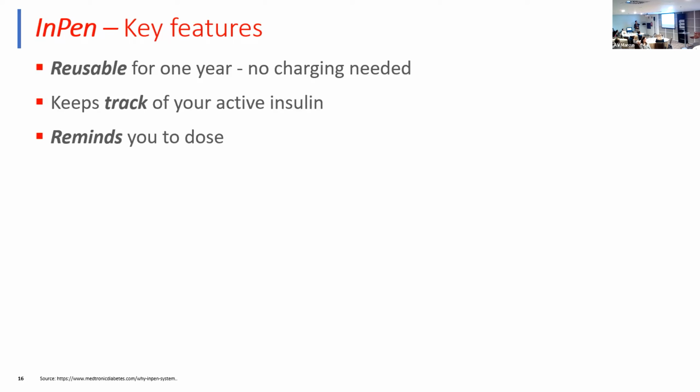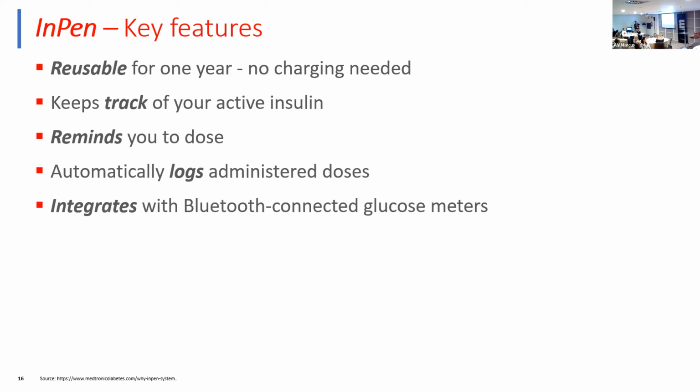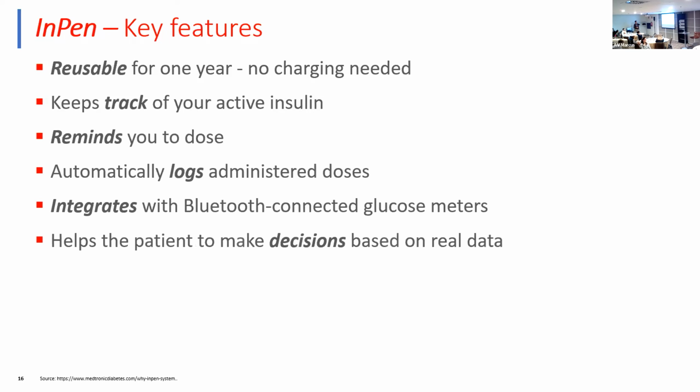The patient usually forgets about it. It automatically logs the doses administered into the phone, so the patient can keep better track in case he forgets, okay, did I administer it already today? Did I not? So he can just go to the smartphone and check it out. It also integrates with the glucose meters, so that the information is all centered in one place.